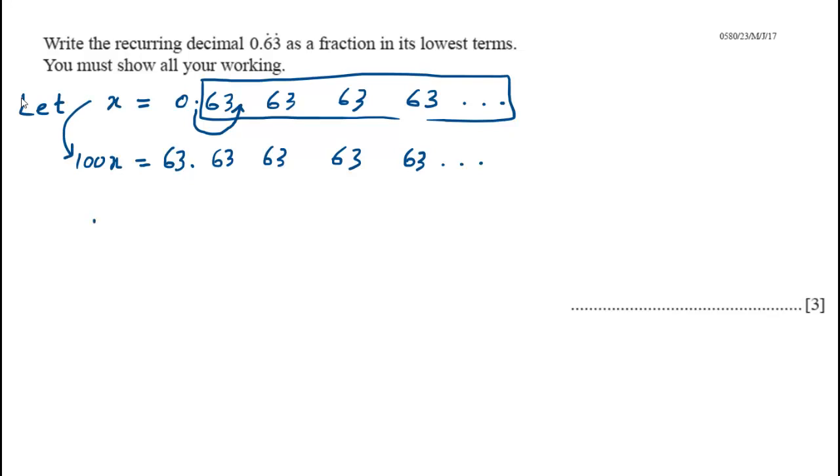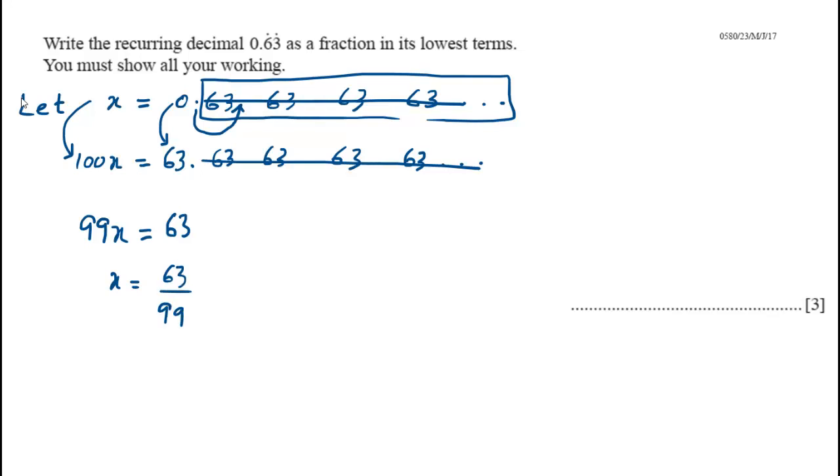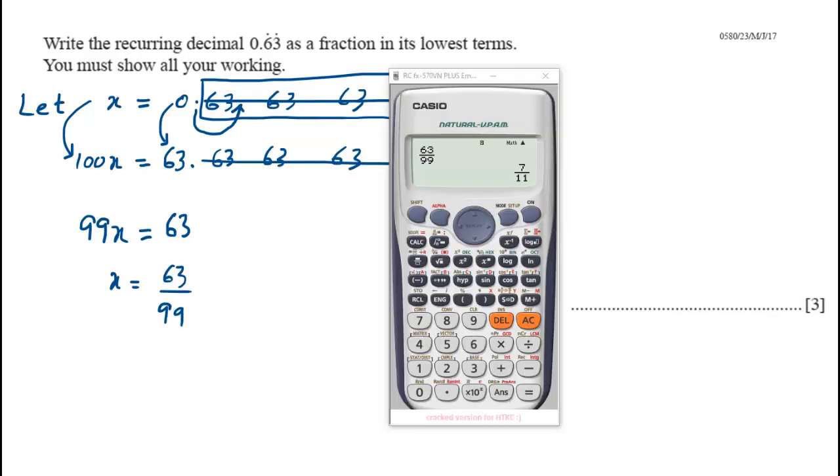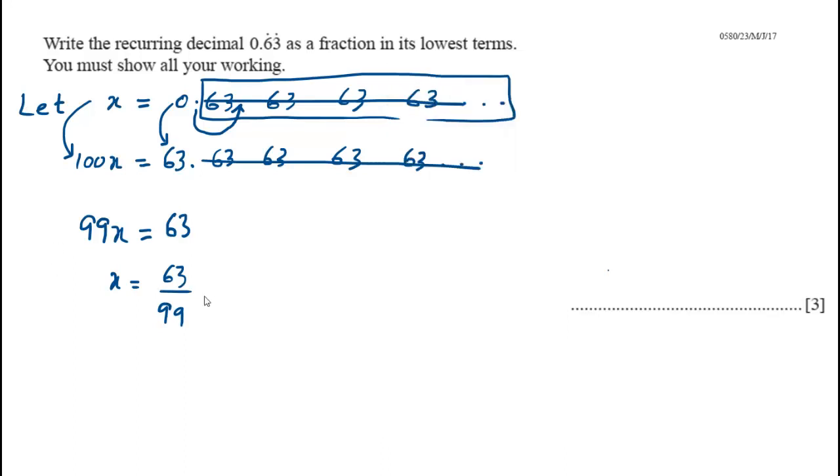So it will be 99x, and we subtract 0 from 63, which is 63, and this decimal portion will vanish after subtraction. So x is 63 over 99. After simplification, it is 7 over 11, in its lowest terms.